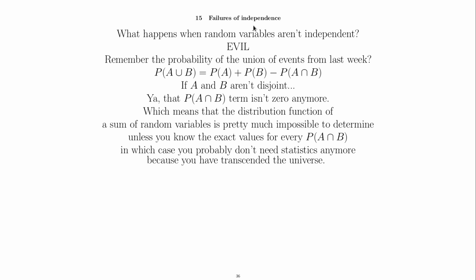To see why this is useful, let's talk about what happens when you have failures of independence. Right? What happens when random variables aren't independent? Much evil happens when they aren't independent. And this is because, if you remember the probability of the union of events from last week, probability of A union B equals the probability of A plus the probability of B minus the probability of A intersect B. So if A and B aren't disjoint, if this is not equal to 0, then that's what it means for things to not be independent.